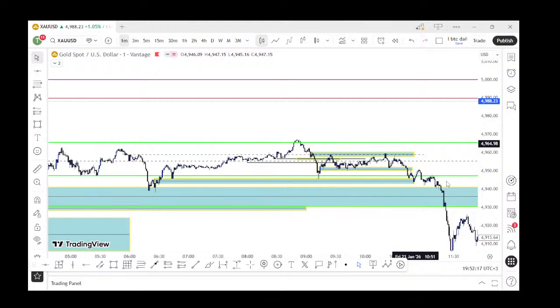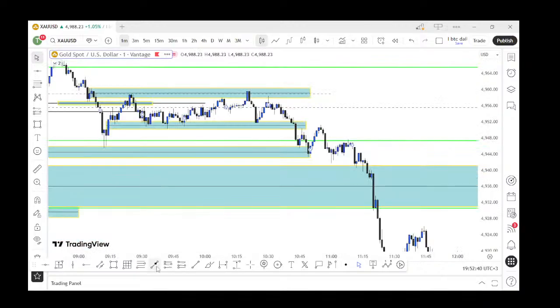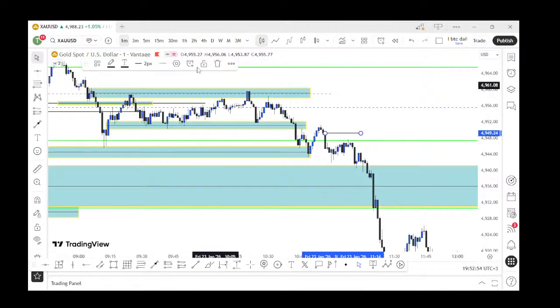This candle was giving me a range. So I spotted my range here, guys. This was my high, and again this was my low. So I identify the high and the low.